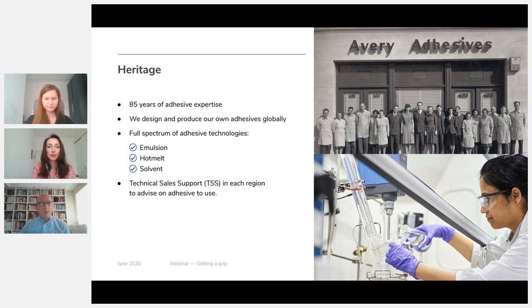So hot melt acrylics have extremely good water whitening performance, and we can also tailor durable properties into these products. They are more expensive than emulsion acrylic products, but this is well made up for by their unique abilities in both durability as well as removability.